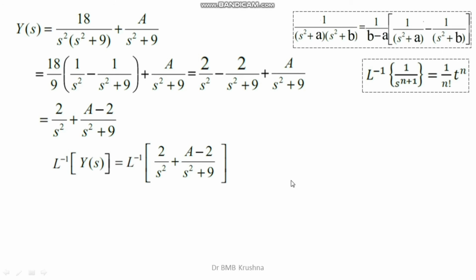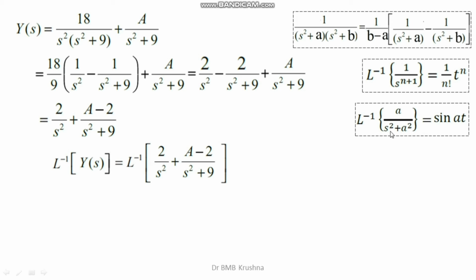You need to know that L inverse of 1 by s power n plus 1 is 1 by n factorial t power n. It is used to evaluate L inverse of 1 by s square. Later you have 1 by s square plus 9. To evaluate such inverse Laplace transforms, you need to know that L inverse of a by s square plus a square is sin at.